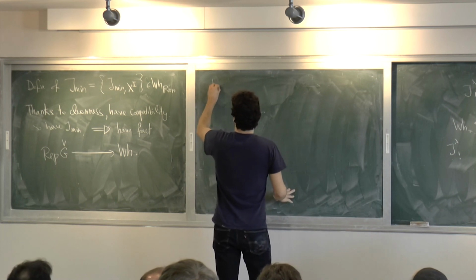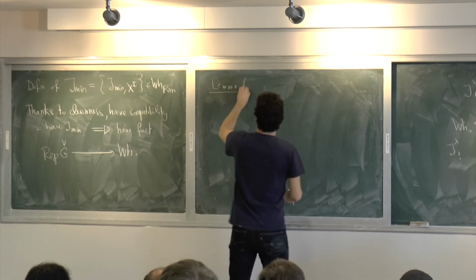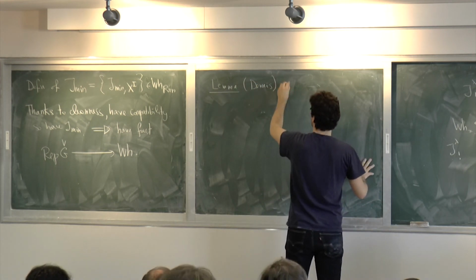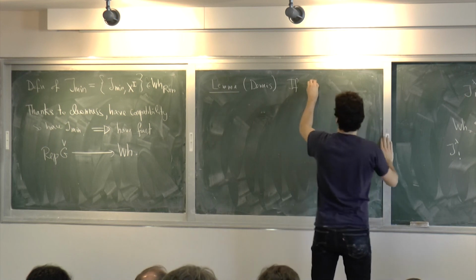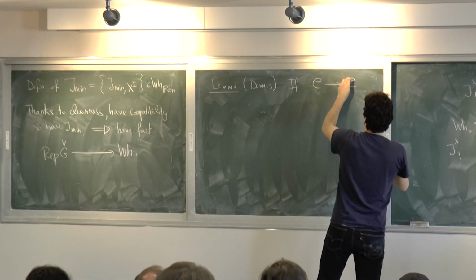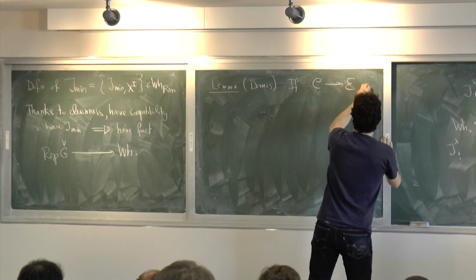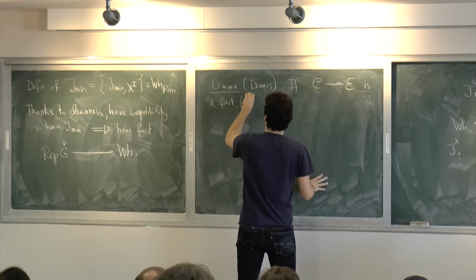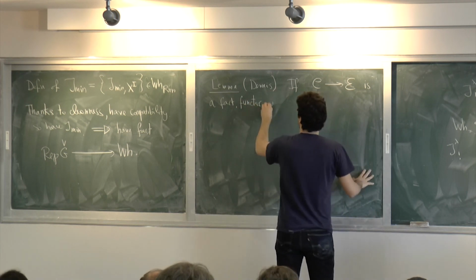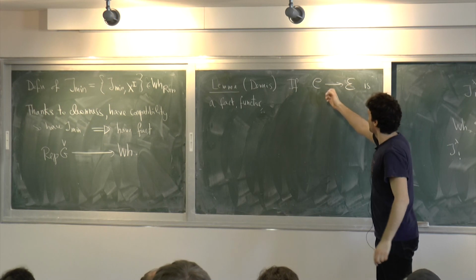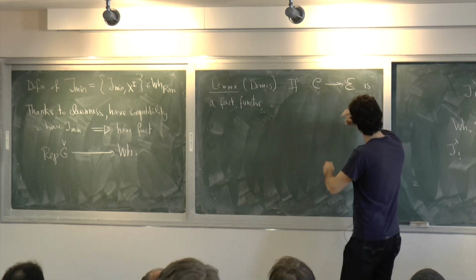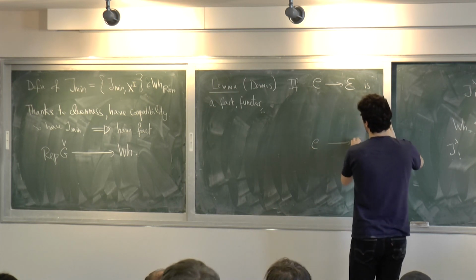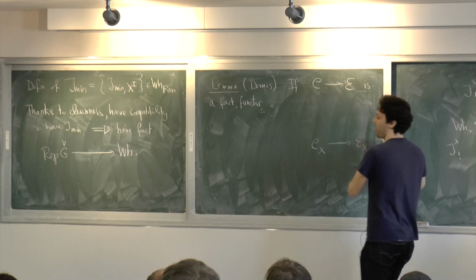But then I use a cool lemma by Dennis about factorizable categories that says that if C to E is a factorizable functor, and under some hypothesis, what is easy to do is to prove that a functor between factorizable categories is an equivalence on one power of the curve.